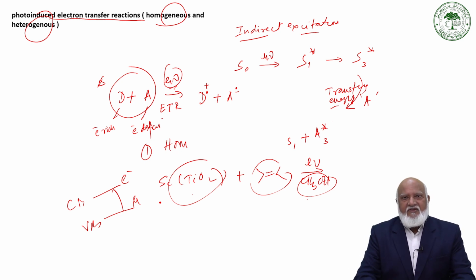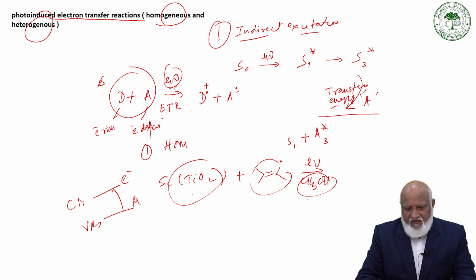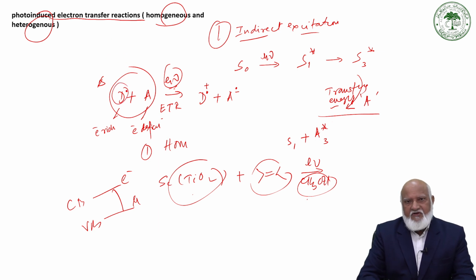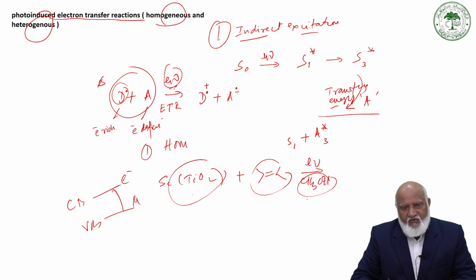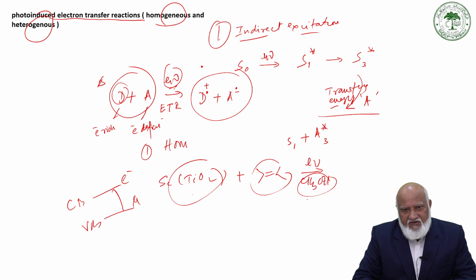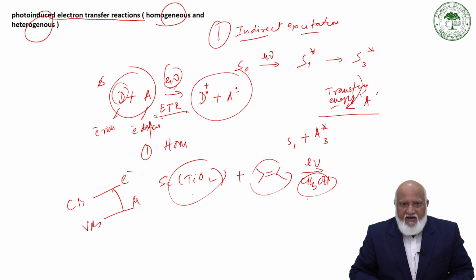So indirect excitation can be brought about in two ways. Number one, by an energy transfer reaction, and the second one is an electron transfer reaction, where the donor gives an electron and the acceptor accepts an electron, generating a radical cation and a radical anion species. This is called a photoinduced electron transfer reaction, an electron transfer reaction initiated by light, and it is again of two types: homogeneous and heterogeneous.